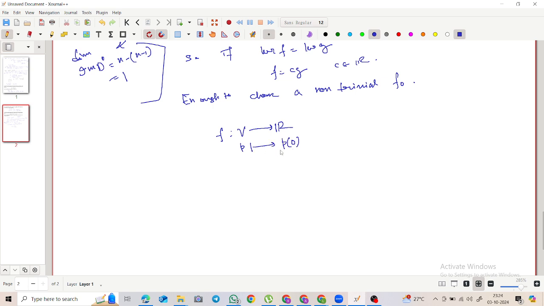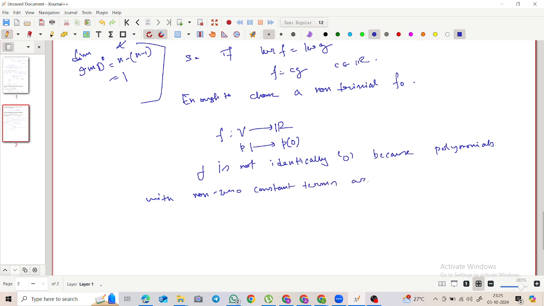This is not identically 0, because polynomials with non-zero constant terms are not killed by F.